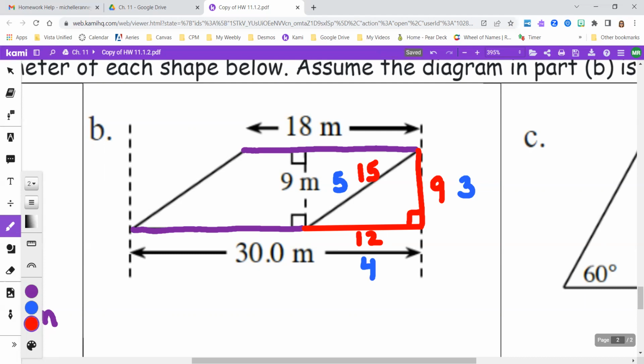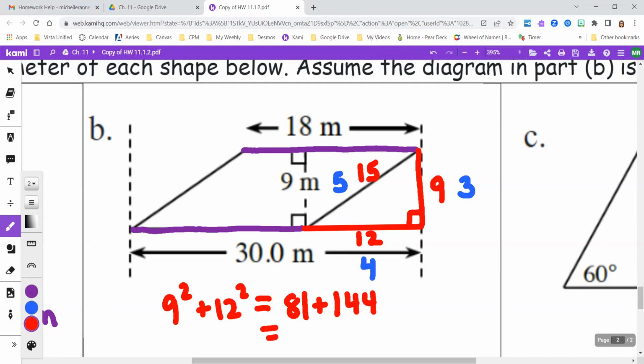You can also do Pythagorean theorem and go 9 squared plus 12 squared. That's 81 and 144, sorry. When I add that up, I'm going to get 225. And when I take the square root of that, it is 15.